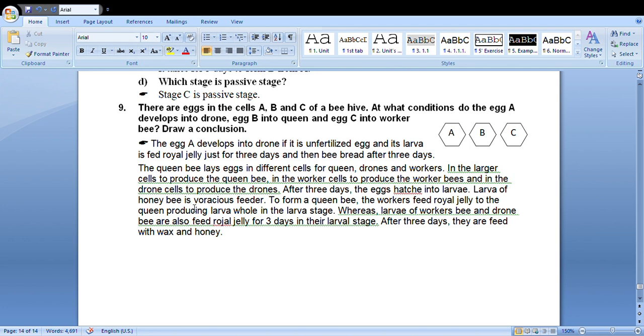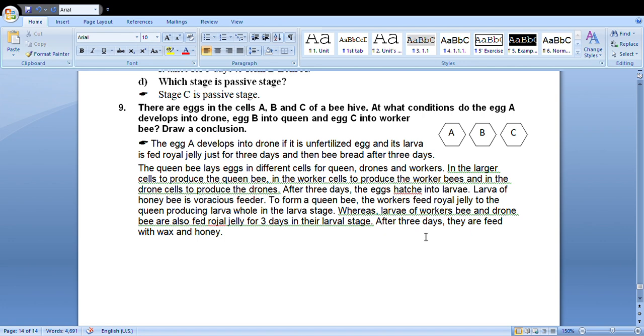The larva of honeybee is a voracious feeder. To form queen bee, the worker bee feeds royal jelly to the queen-producing larva whole life in the larva stage, whereas the larvae of worker bees and drone bees are fed royal jelly for 3 days in their larval stage.